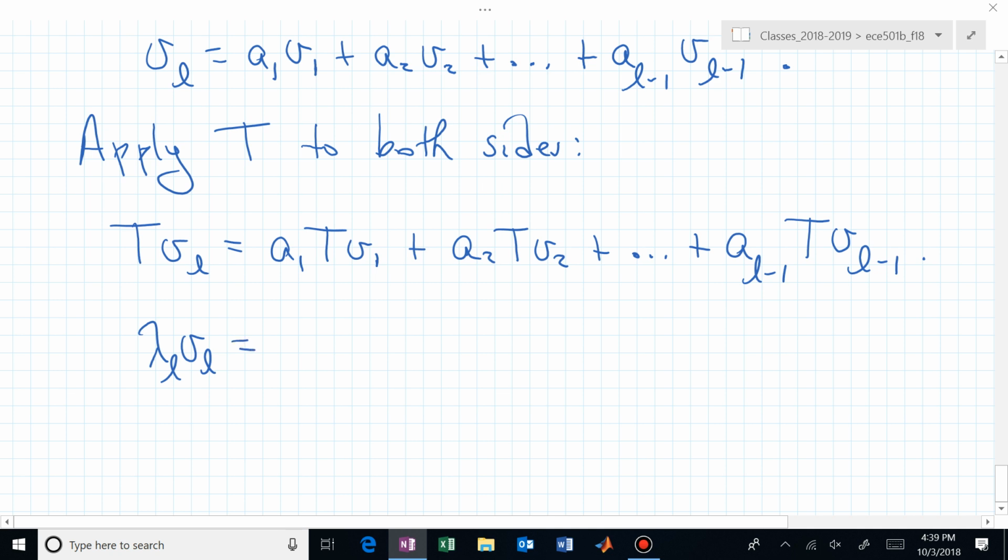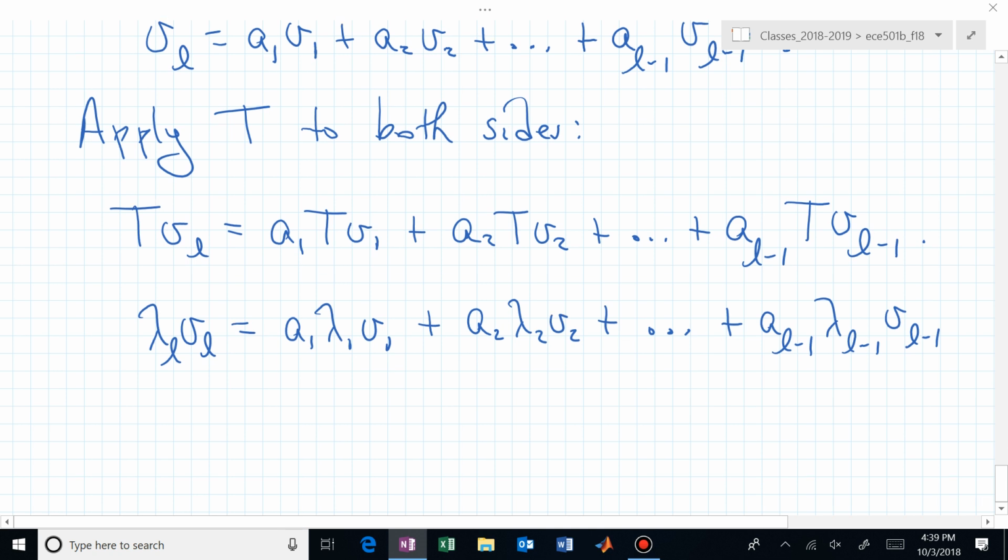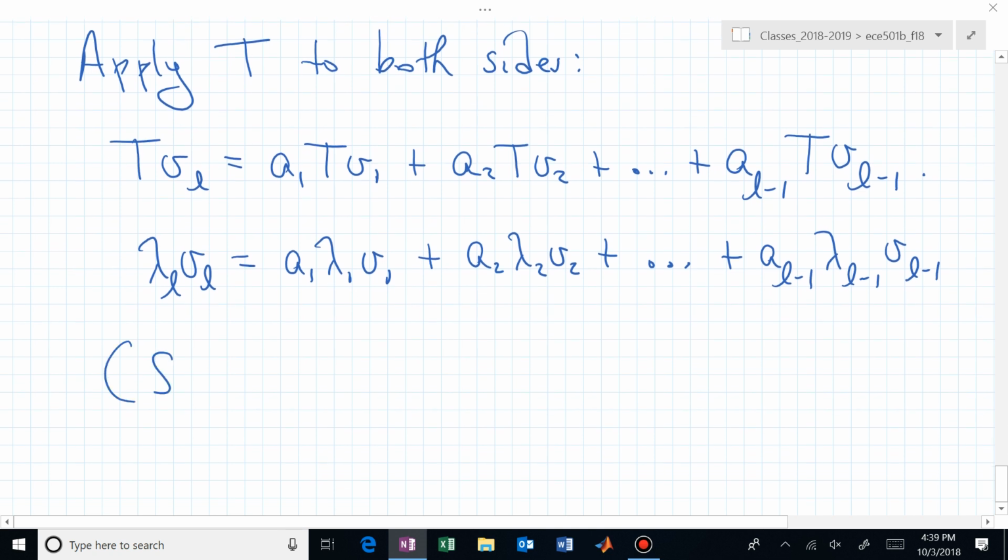And the right-hand side is a1 lambda 1 v1 plus a2 lambda 2 v2, etc. And we're able to do that. Here's the explanation.